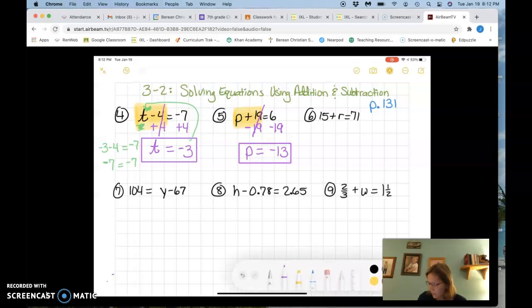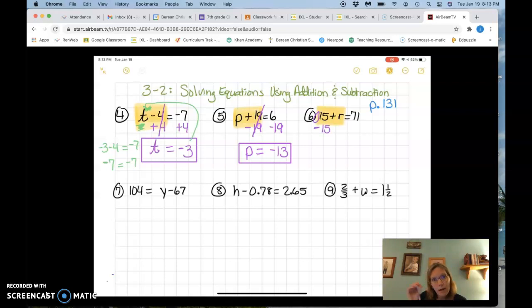So again, look at what's happening to the variable. I see a 15 there. This one's a little tricky because it's written differently. Look in front of the 15. What sign is there? That is +15, so I'm going to do the opposite, which is subtract 15.